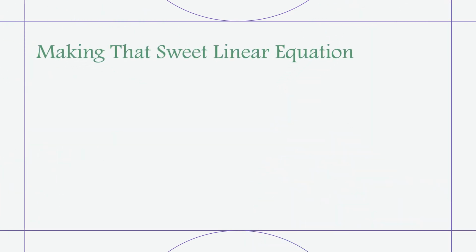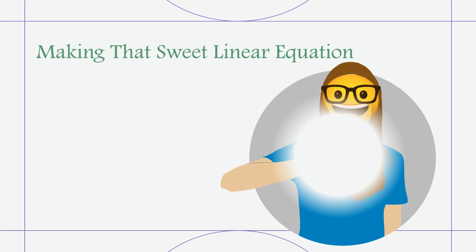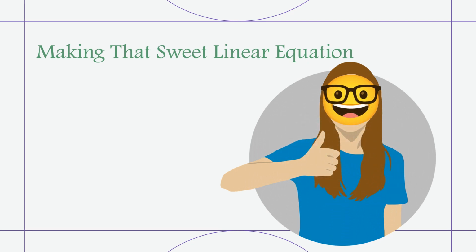Now that we know our slope and we have a point on our line, we can go ahead and make a linear equation. What I'm about to show you is called the point-slope form, which, as the name implies, is a form of a linear equation that only uses the slope and a point.